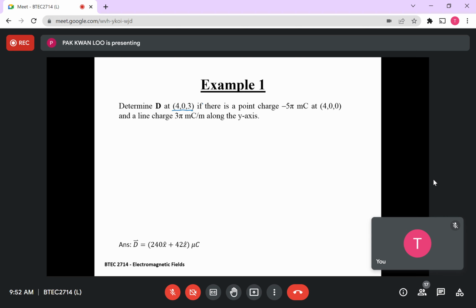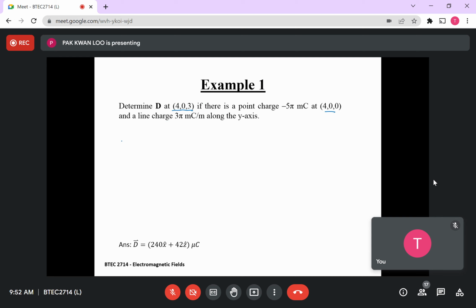So what we need to do is find the electric field at this position contributed by the point charge, and also the electric field contributed by the line charge along the y-axis. When they say along the y-axis, that means it is considered an infinite line charge.